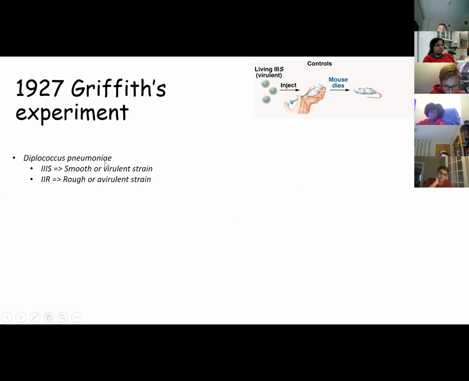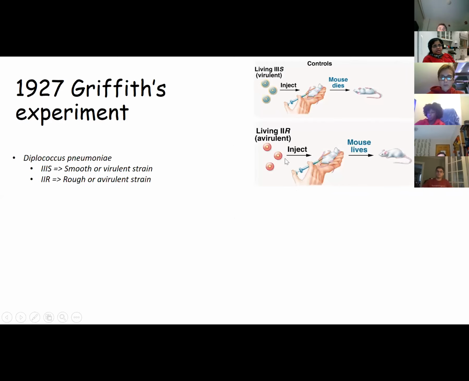Griffith took 2 strains of Diplococcus pneumoniae, a bacteria that can be either virulent or avirulent. He took the S strain, put it into the mouse, and the mouse died. He took the R strain, injected the mouse, and the mouse lived. These are his 2 controls.